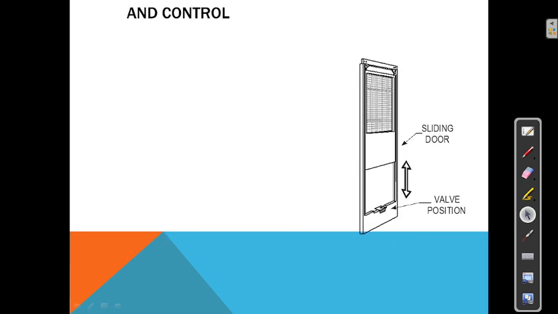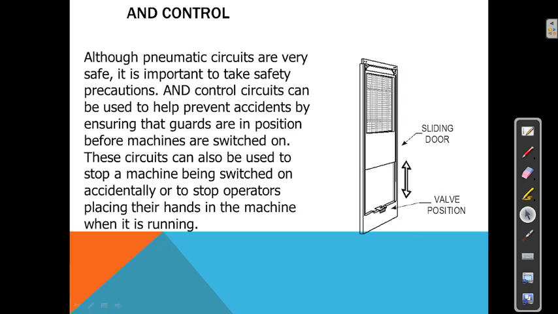Then the AND control. As we know already, what is the AND control? If both inputs are high, we will get the output. That is the AND gate.